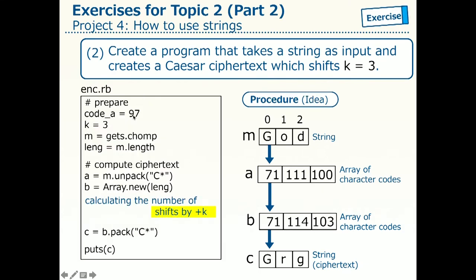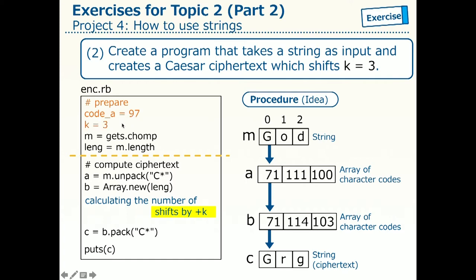Specifically, the program will look like this. Let us consider this program following these steps. The program starts with this preparation part. First, like before, we memorize in the variable code_A the code of letter a in ASCII, which is 97.